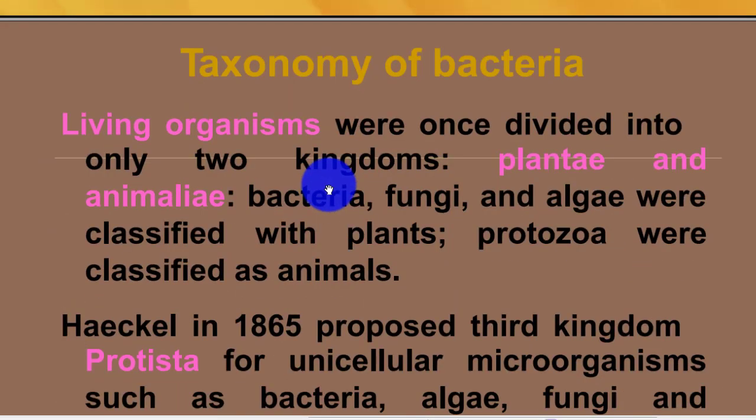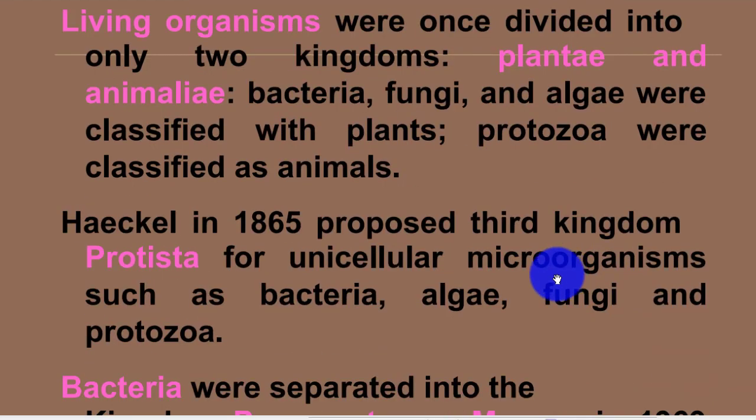Taxonomy of bacteria. Living organisms were once divided into only two kingdoms, Plantae and Animalia. Previously, bacteria, fungi, and algae were classified with plants. Protozoa were classified as animals.